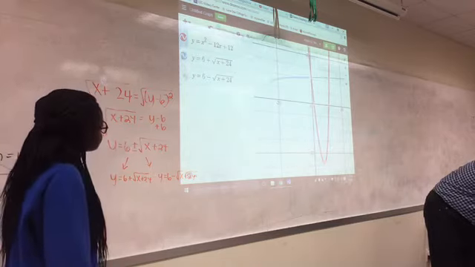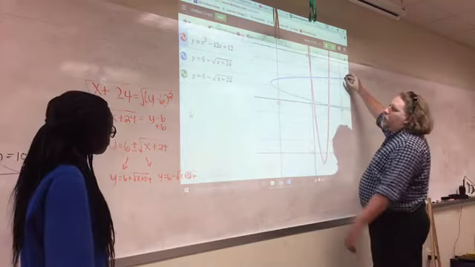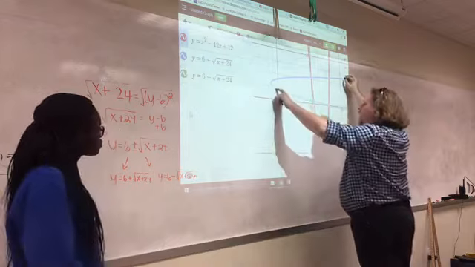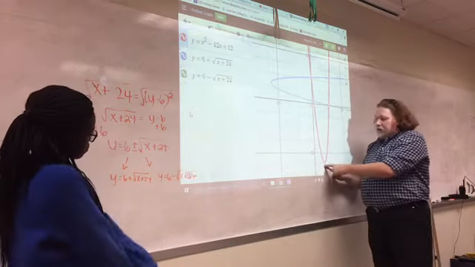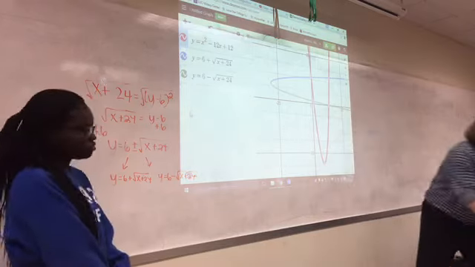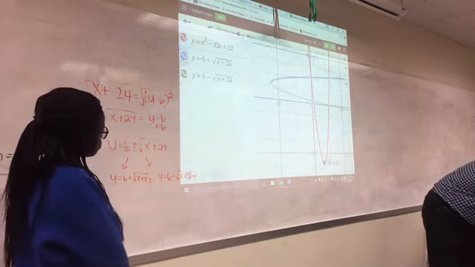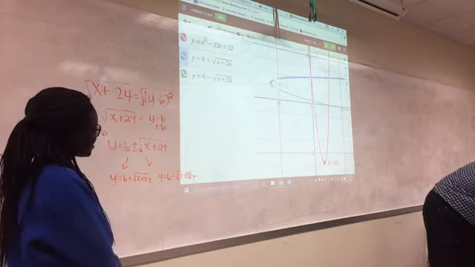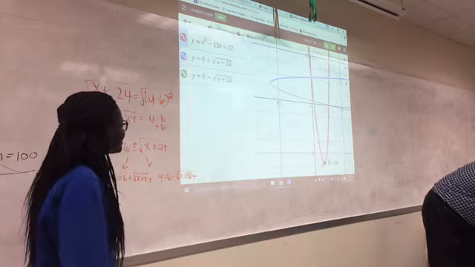Now here comes the inverse as Tiara told me. Notice again in blue, there's the positive square root of x plus 24. Here in green, negative square root of x plus 24. We know this point right here is 6, negative 24. And let's see if we have a match. Negative 24, 6. Beautiful. Let's check the y-intercepts.